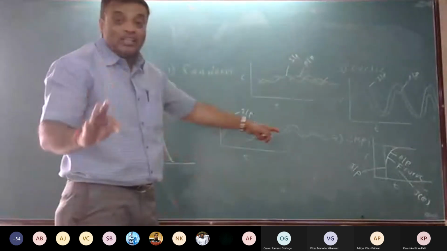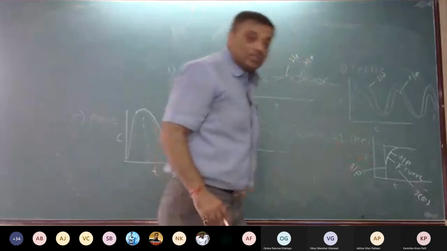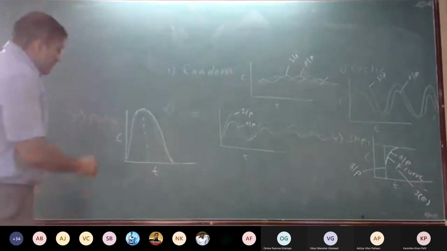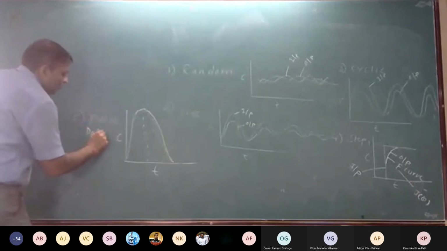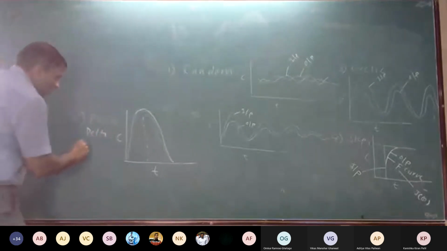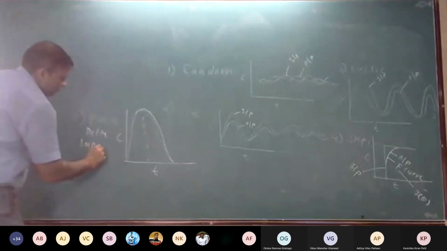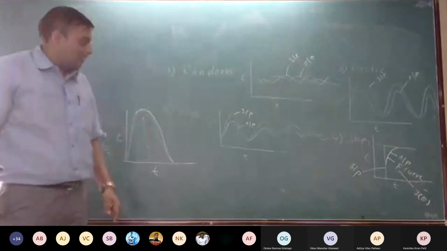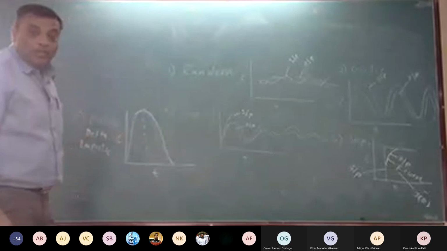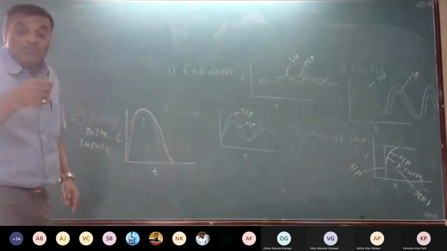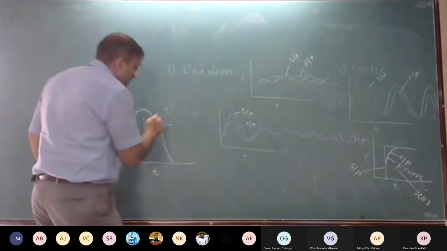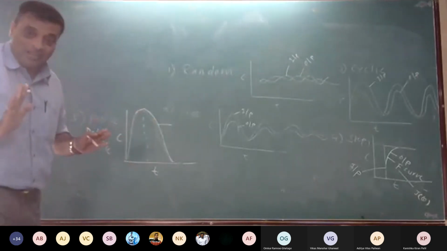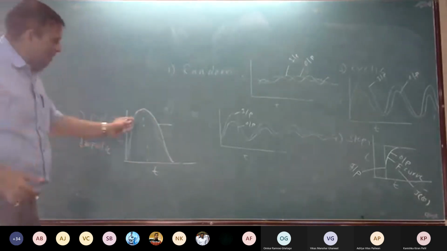Last one: pulse input. Pulse input is also known as delta input or impulse input. Whatever curve we are getting with pulse input, generally this curve is symmetrical, but depending upon input it may be unsymmetrical.